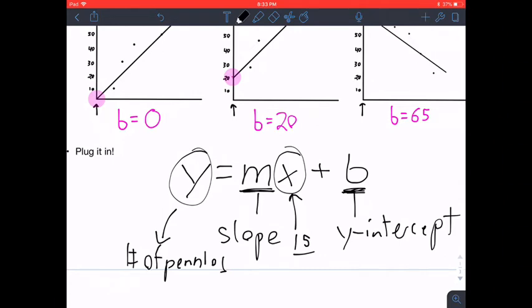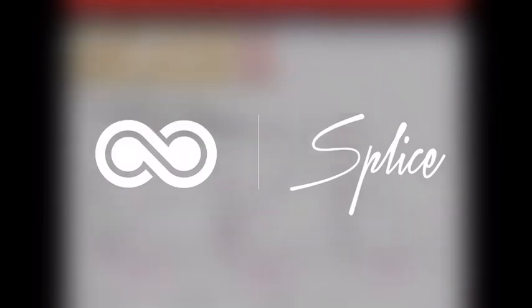And you can do that kind of thing with any experiment that we do in this class. And that's what's so great about y equals mx plus b, or point slope formula.